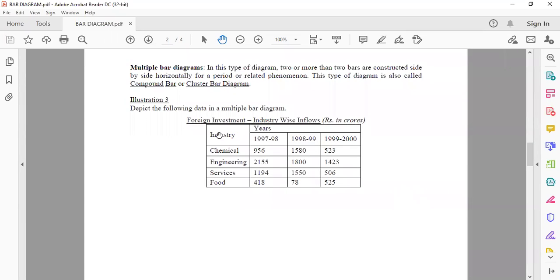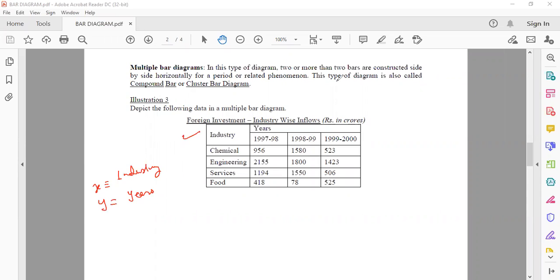Like you see in this particular table, there are two variables. Variable X indicates the industry, and variable Y indicates the year.